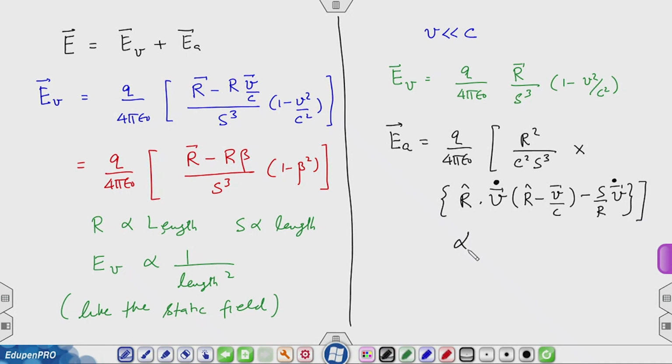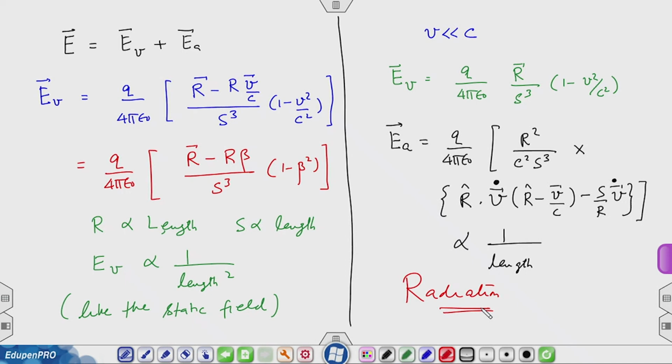And this is proportional to 1 over length. This gives rise to radiation. So, you can see that the field related to radiation comes from V dot. If V dot is 0, there will be no radiation.